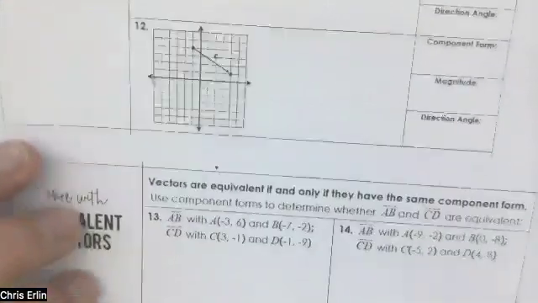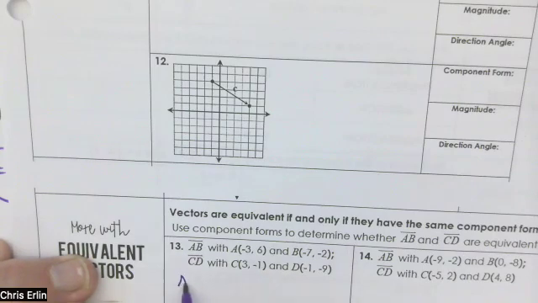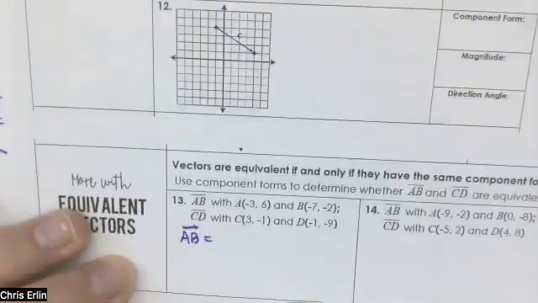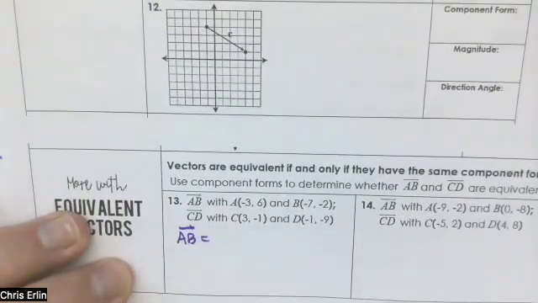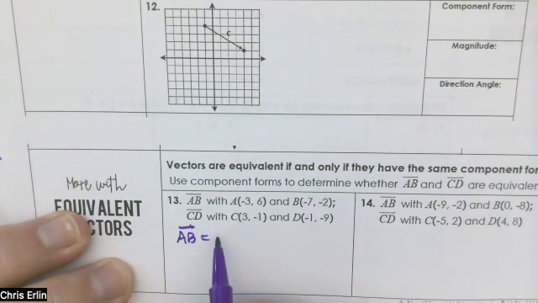And you might not even need to do equivalent vectors. I mean, magnitude and direction. Let's see, what would AB be? What would its component form be?